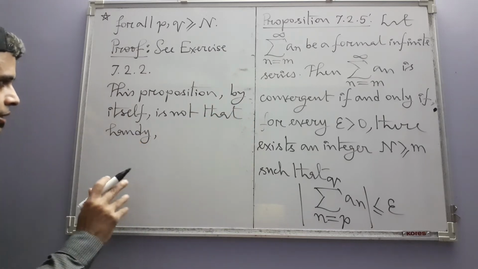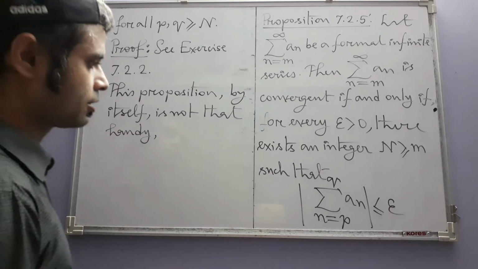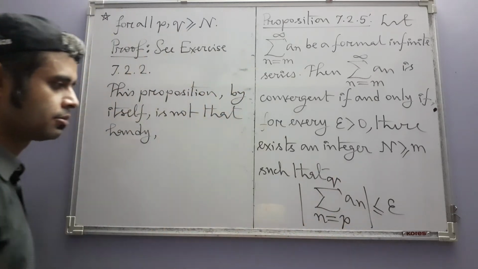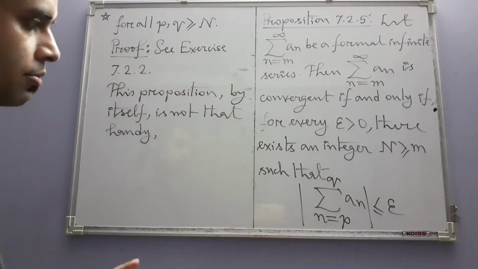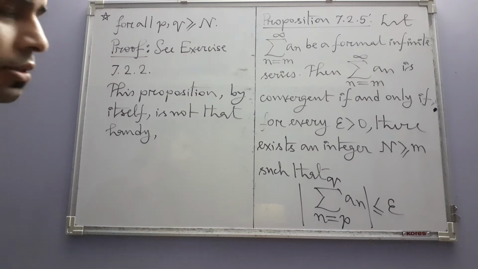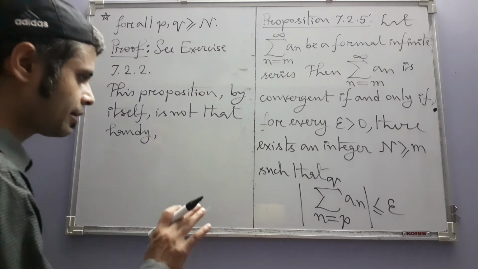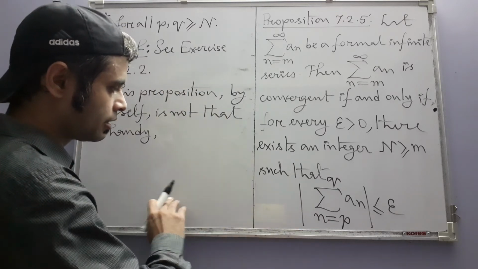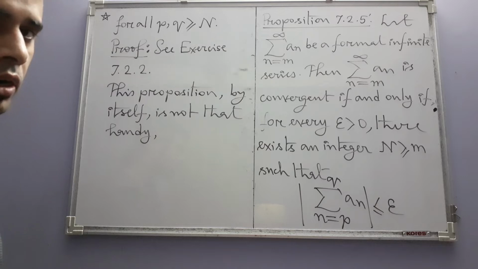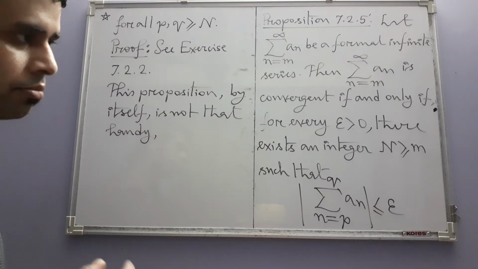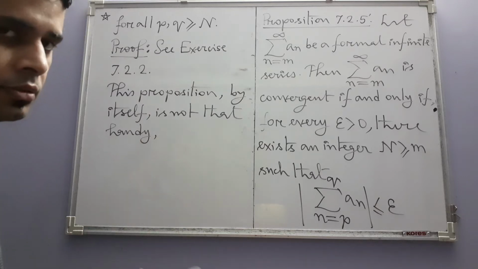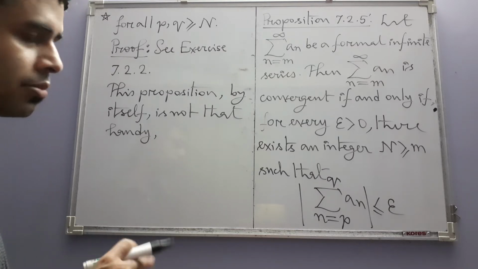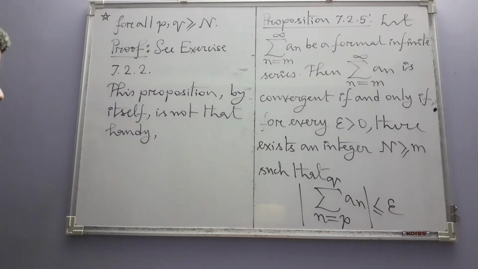You cannot easily use this proposition because usually it's somewhat difficult to calculate these sums in practice if an actual formal infinite series is given to us. However, it has theoretical importance because from this proposition there come out a number of corollaries which themselves are much easier to apply when we are dealing with actual series, and which are important from the point of view of that application. They are highly applicable.